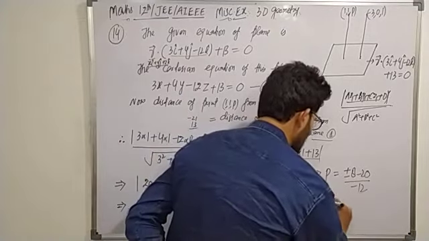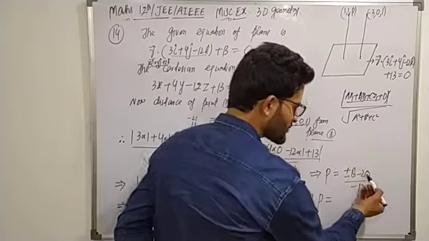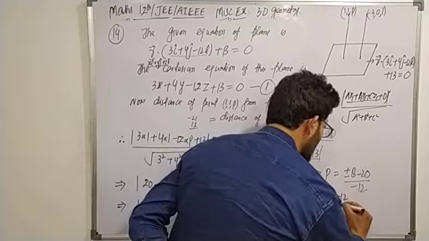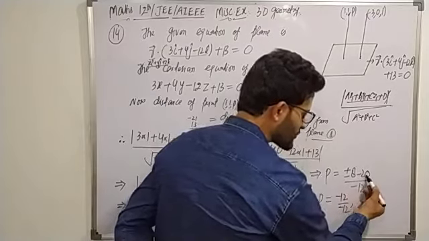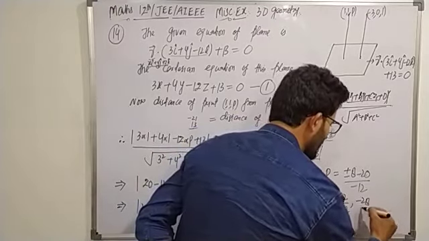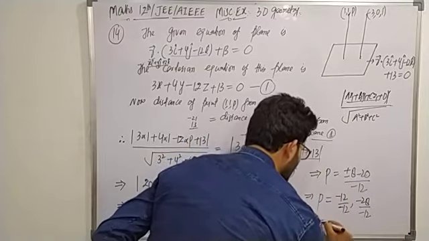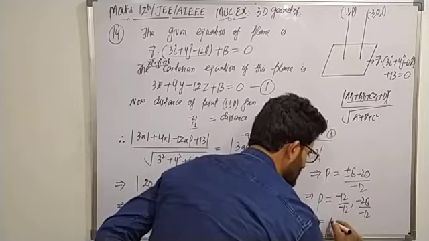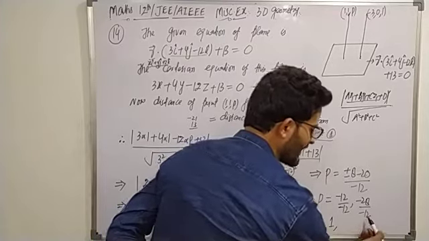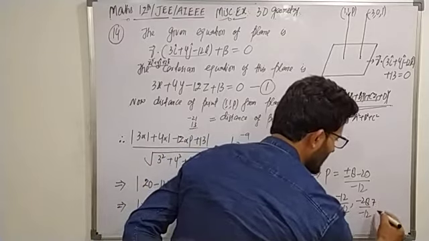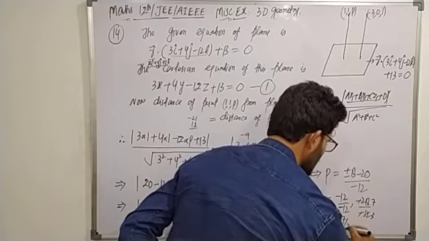So p has the value, एक plus 8 minus 20 is minus 12, so minus 12 divided by minus 12, और दूसरा वैल्यू minus 8 minus 20, that is minus 28 divided by minus 12. तो p का वैल्यू क्या आएगा, minus 12 by minus 12, that is 1, and minus 28 divided by minus 12, minus and minus will cancel out, and 4 7s are 28, 4 3s are 12, that is 7 divided by 3.